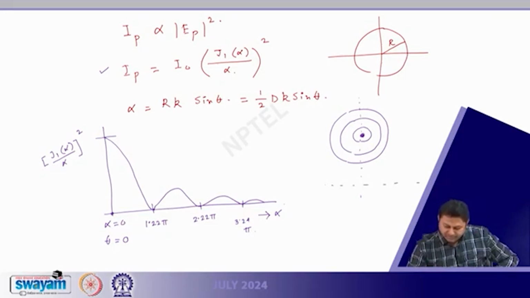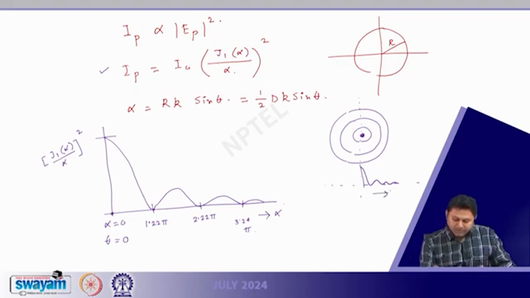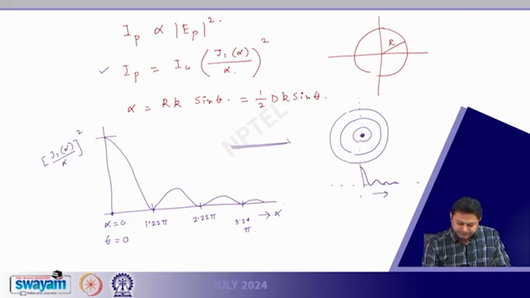I have a maxima here, then a minima, then a maxima, then a minima, and so on. This is exactly following the plots we are talking about.